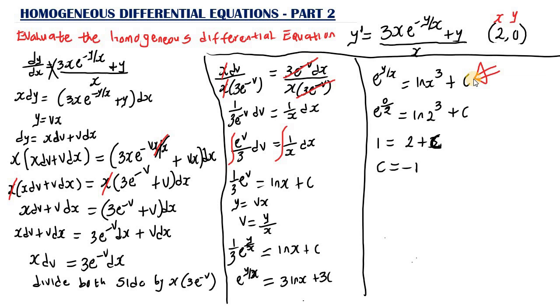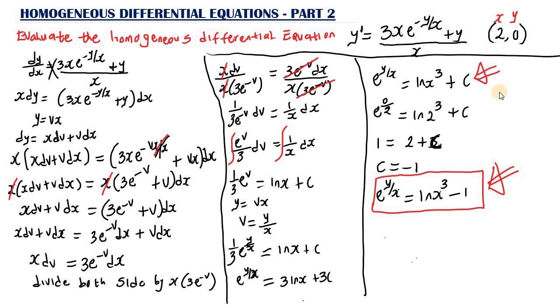So this is going to be e raised to the power of y over s is equal to ln of s raised to the power of 3. Then what is c? c is minus 1, then minus 1. So this is the particular solution to the differential equation. So if you are given a point, you need to find the value of c.